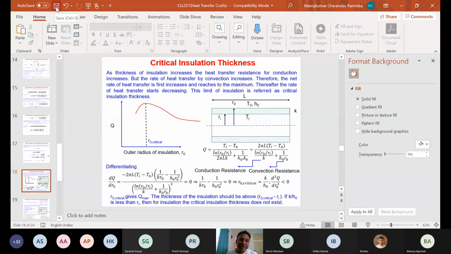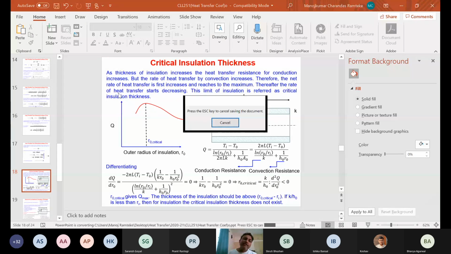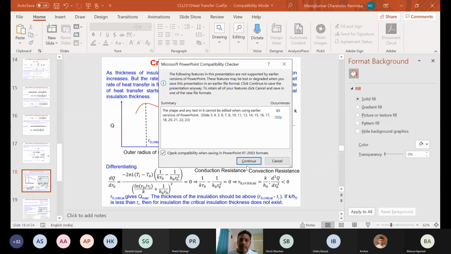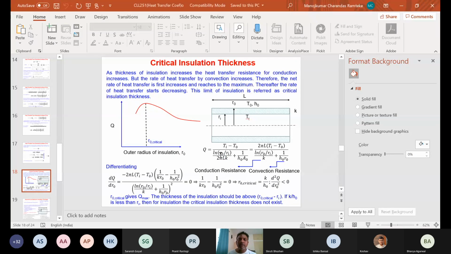So what I'm trying to say here is, as you increase the insulation thickness, first the rate of heat transfer is going to increase instead of decreasing, and it reaches a maximum value. If you further keep increasing the insulation thickness, then the rate of heat transfer decreases.